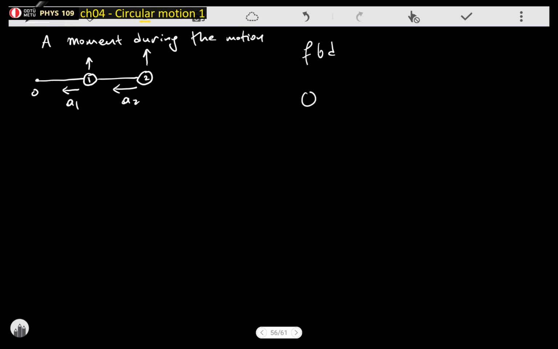So for the first one, I have a force which pulls this thing in the leftward direction, applied by this string, and this string pulls it in the outward direction. So that's T2. On the second object, we have this string which is pulling it in the leftward direction, so therefore this is tension T2, and there are no other things.